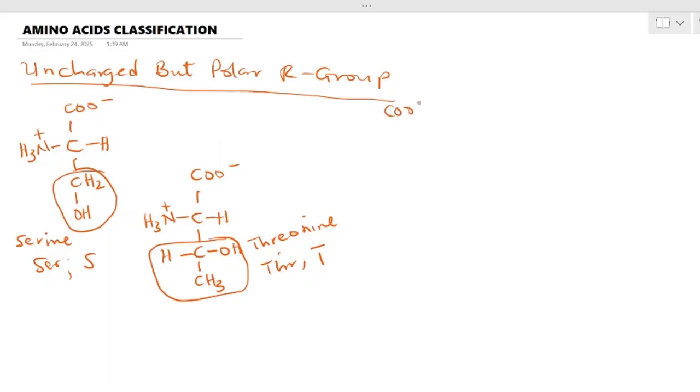We'll talk a little more about cysteine after looking at these groups. So you have NH3 plus, and you have CH2SH.